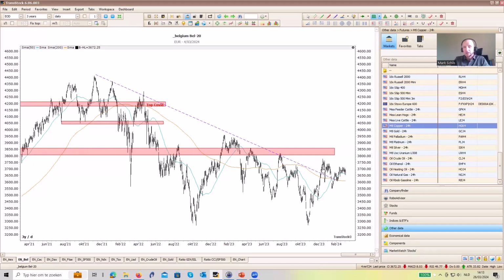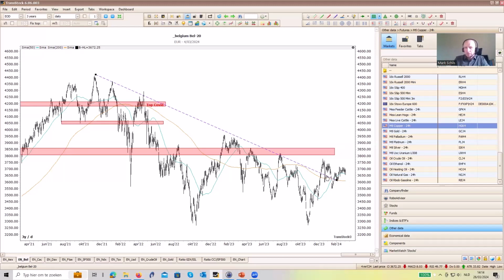And we still managed to keep above this line the last 2-3 months. So this downtrend line, you can see it's just like an average, some sort of magnet. It keeps attracting, it keeps pulling at the index.